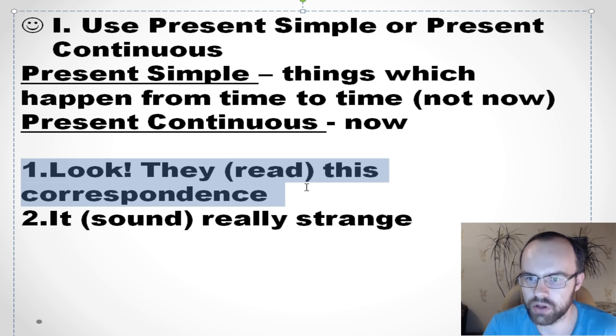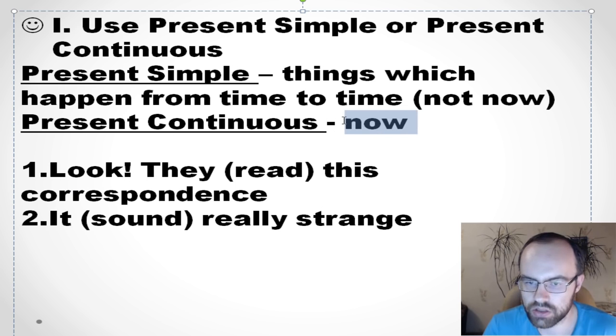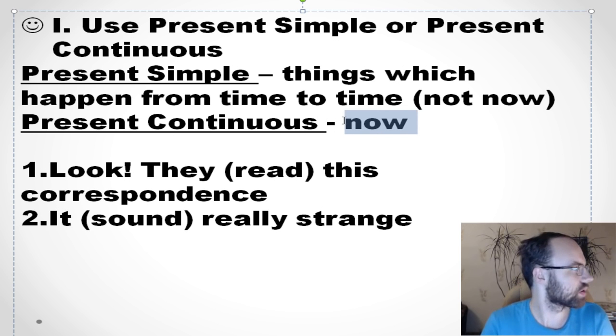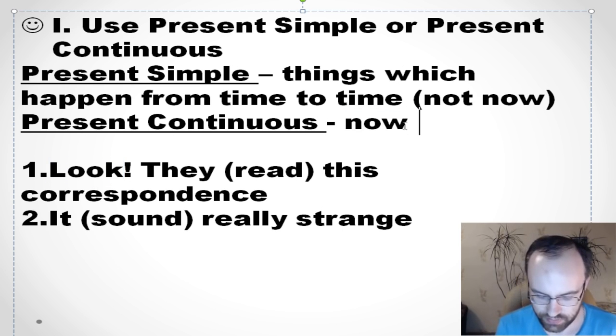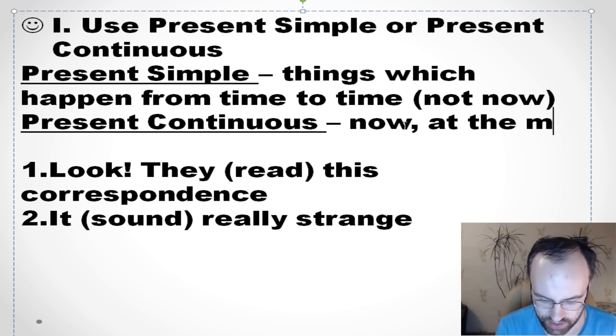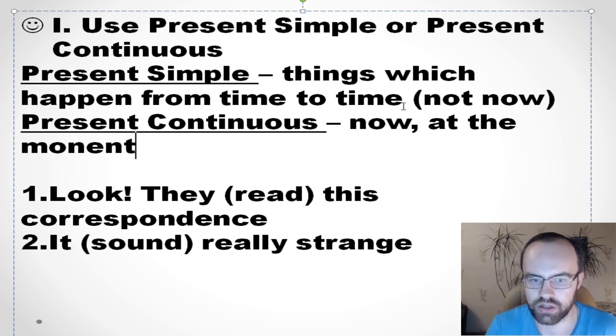Is it present simple or present continuous? Is it about now or not? Look, it means now or at the moment. And if it's at the moment, you need to use present continuous.